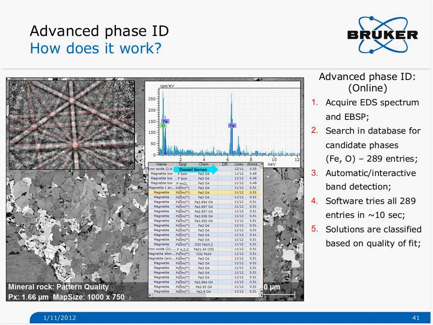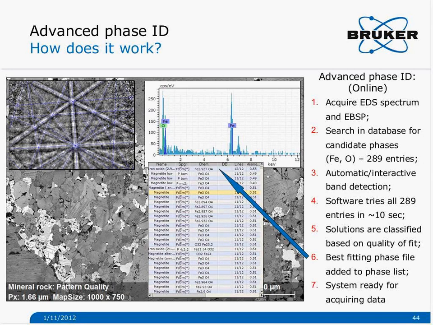So what the user has to do is just pick the best fitting phase file and drag it, or insert it, to the phase list, and then the system is ready for acquiring data. And you would say, wait a minute, you just said that this is a multi-phase material, and here you just identify one phase. That's true, but what you will see today is that with our system, you don't have to spend any more time at the SEM if you don't want to.